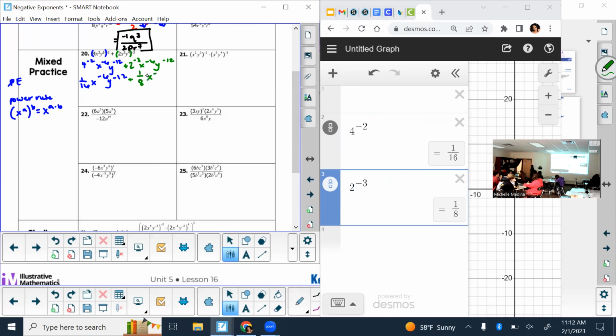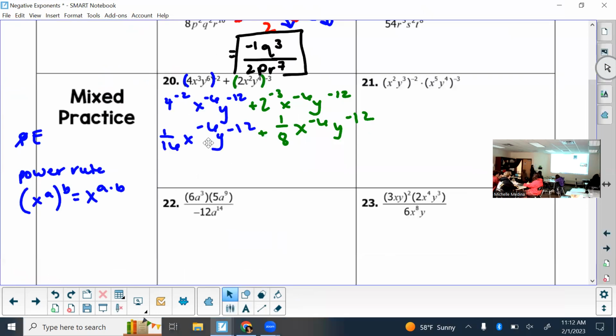And then we're not going to mess with the negative exponents until the very end, because we still have an operation that we need to do here, which is adding them. You can only add things together if they have the same variables to the same exponent, like terms.